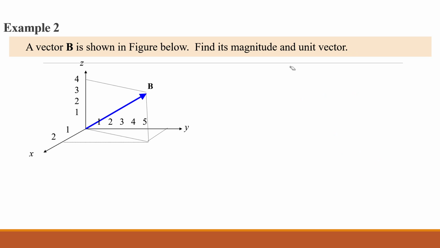Okay, this is a 3D vector in 3 dimension. So how to read it? You see x is 2 unit. So vector b will be 2i. Because you see how they sketch the vector in 3 dimension. Okay, x is 2.